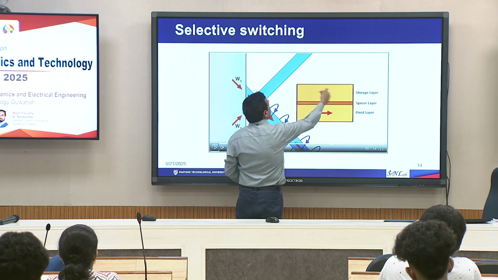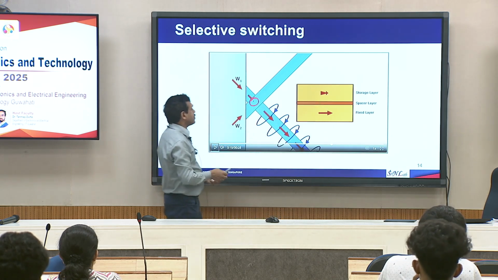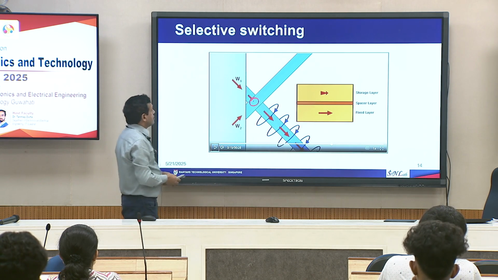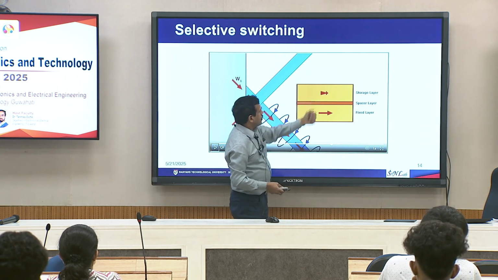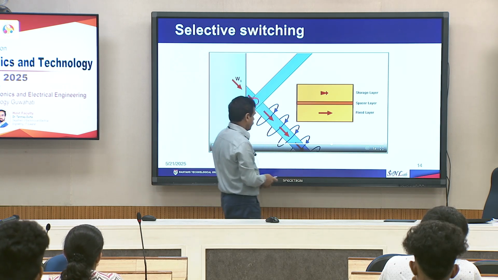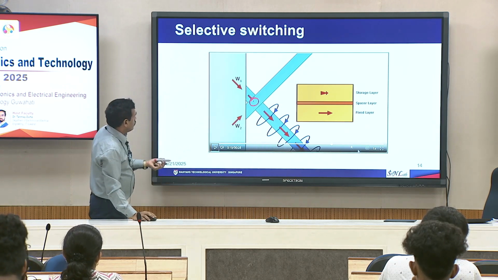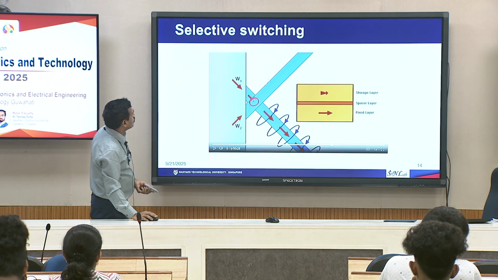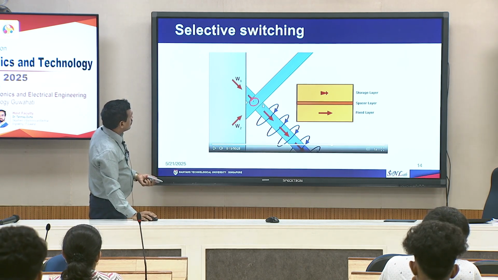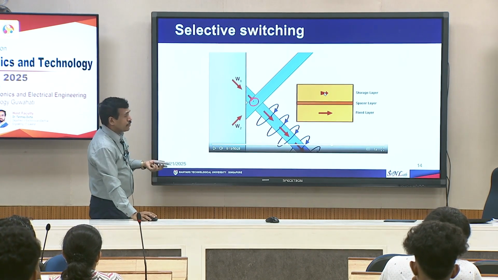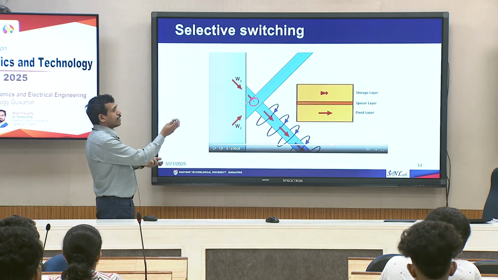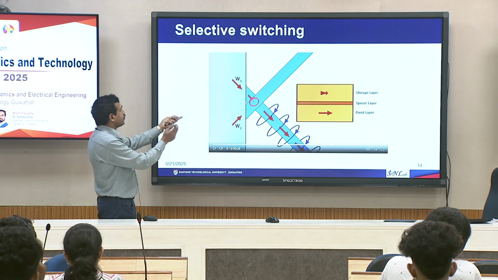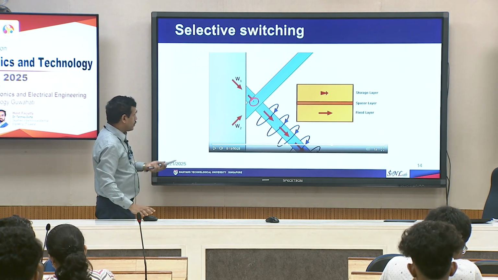It did not become anti-parallel. We started with parallel magnetization, and switching means it becomes anti-parallel, so we are writing 1. By sending current through this wire or this wire alone, we could not switch the magnetization. We are only temporarily rotating the magnetization from one direction to the other, but after you remove the current, it goes back to the initial state.